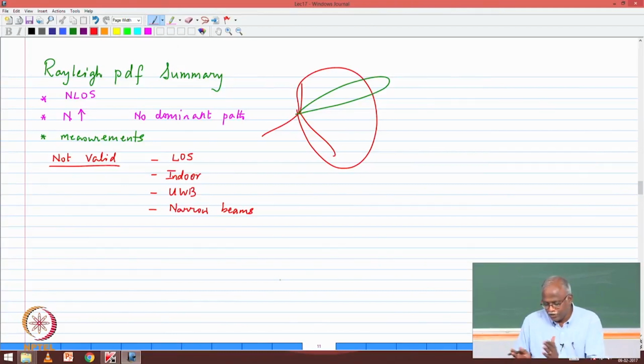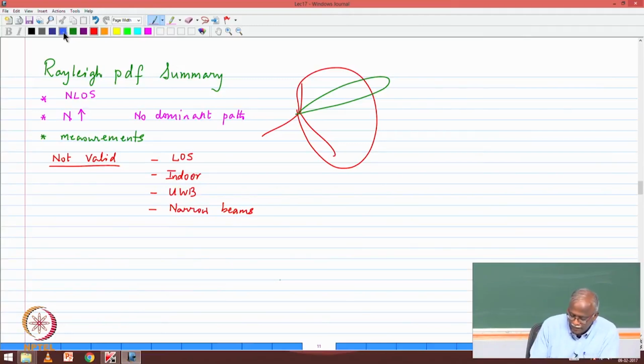Again, number of scatterers, because you are limiting the scatterers that you will pick up. Also remember we made the assumption that the scatterers are coming in all directions. Now when you have a narrow beam, it's very likely that your scatterers are in a particular angular section, not all around. So again it will violate that. It's something that you need to keep in mind.